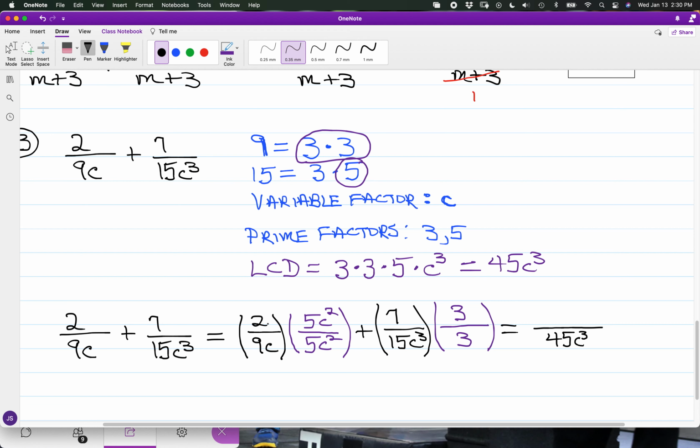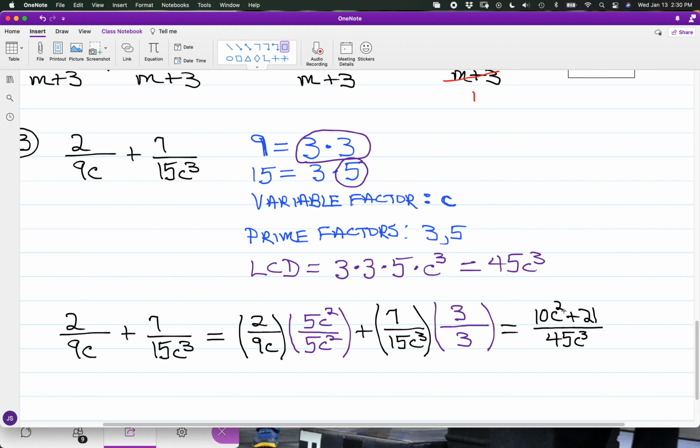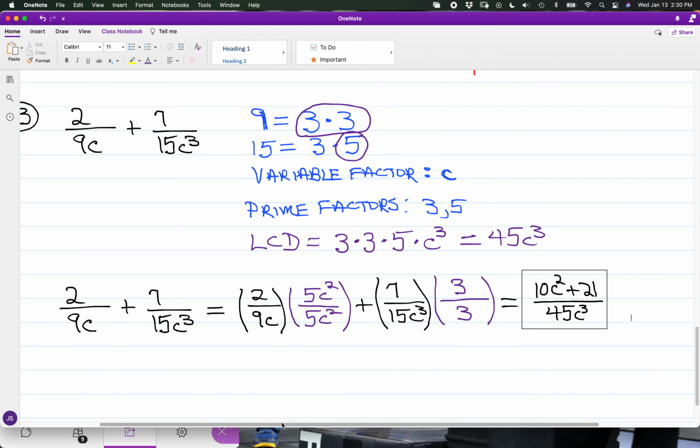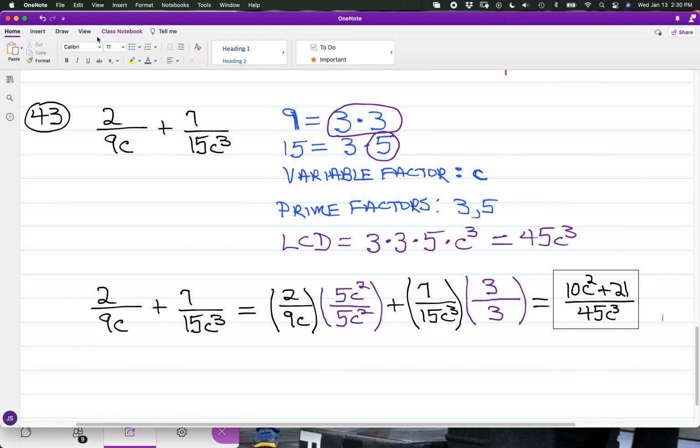For the final result, we have 2 times 5c squared, which is 10c squared, plus 7 times 3, which is 21. So the result is 10c squared plus 21 all over 45 times c to the third. All right, now looking at 48.